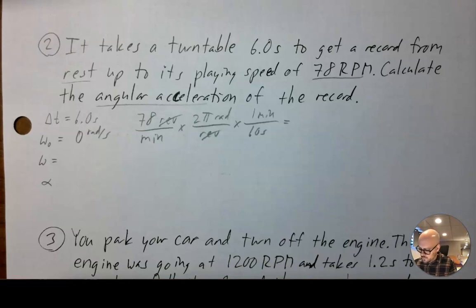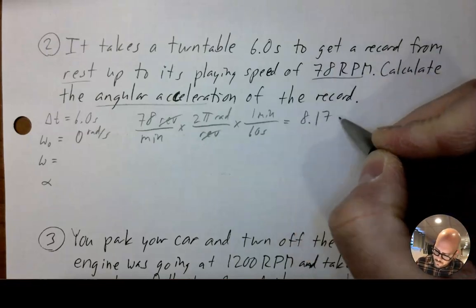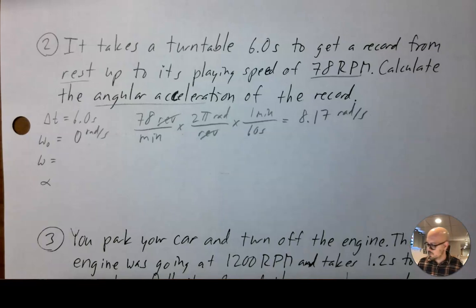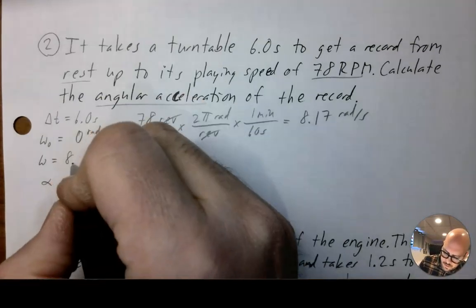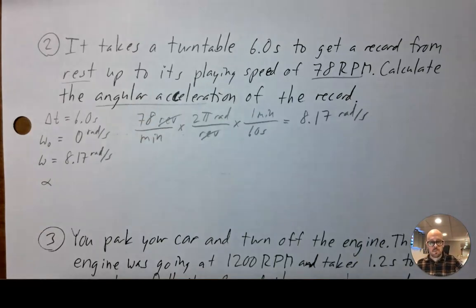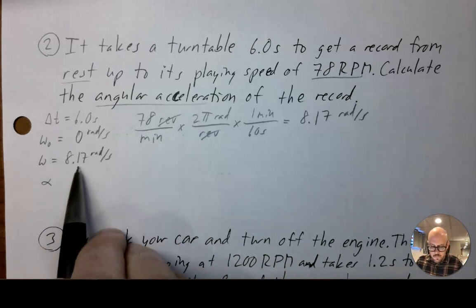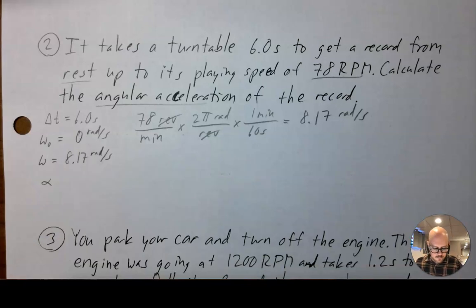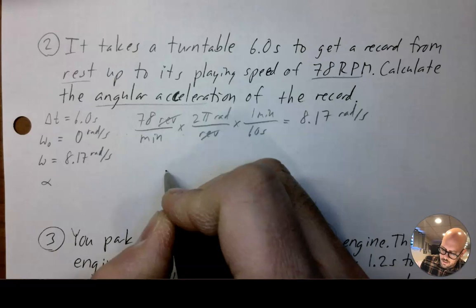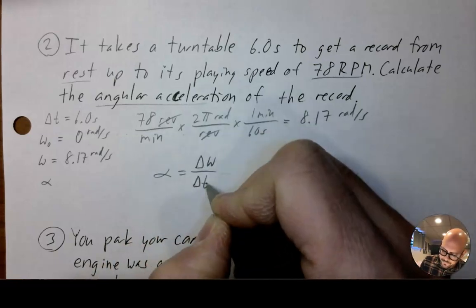78 times 2 pi divided by 60 is going to be 8.17 radians per second. So I'm going to add that to my given information. And now I have a pretty easy problem. It's just the same as regular kinematics. I have an object that goes from rest to a final velocity of 8.17 in 6 seconds. I'm not going to use one of the constant acceleration equations; I'm going to use the definition of angular acceleration.